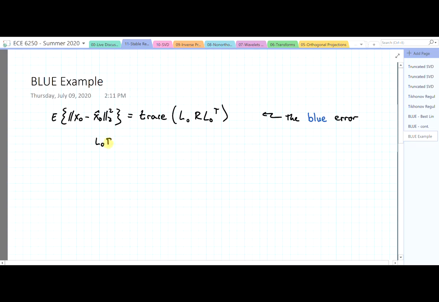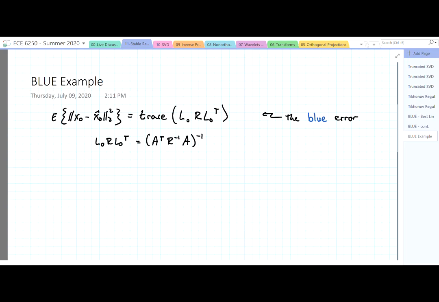So L naught R L naught transpose is equal to (A transpose R inverse A) all inverse. We did most of the steps for arriving at that up above.